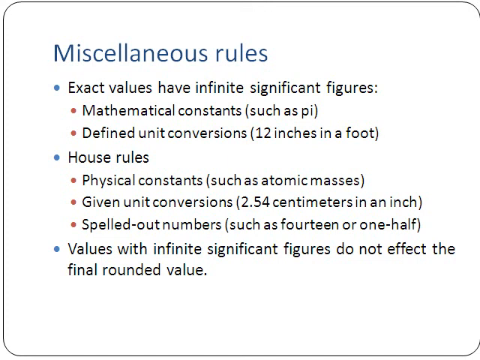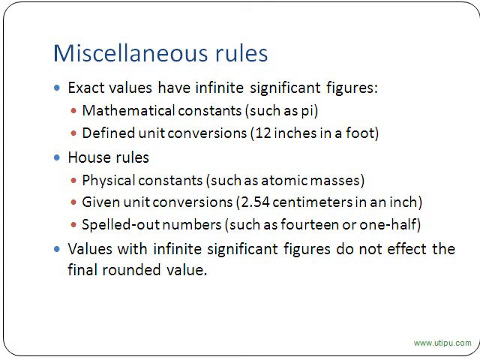These next three rules are what we're going to call house rules. These are things that are going to be true for this class, but aren't necessarily always true outside of class. In fact, this first one isn't true outside of class, but we're going to assume it is just to keep things simple for the purposes of the class. And that is that physical constants, such as atomic masses, the mass of an electron, things along those lines, are considered to be exact.